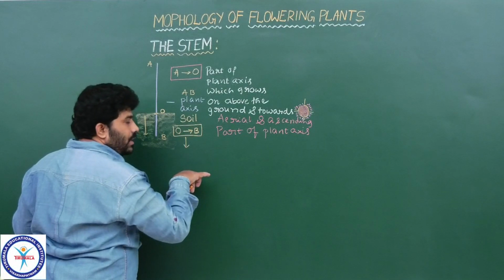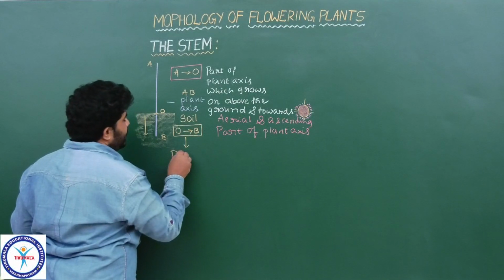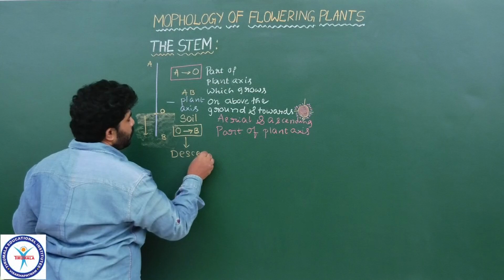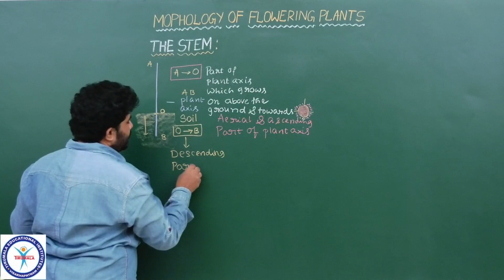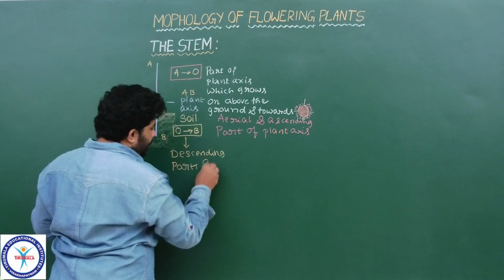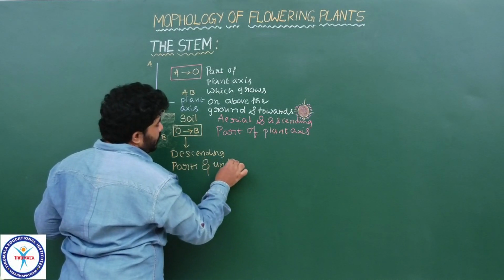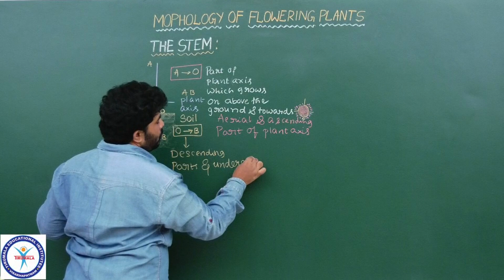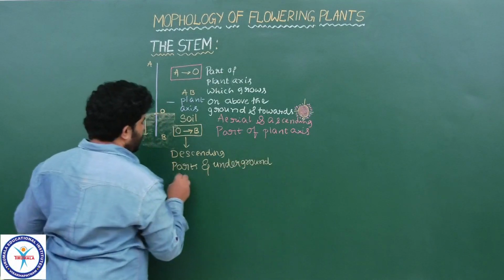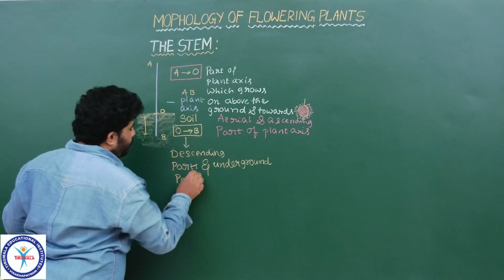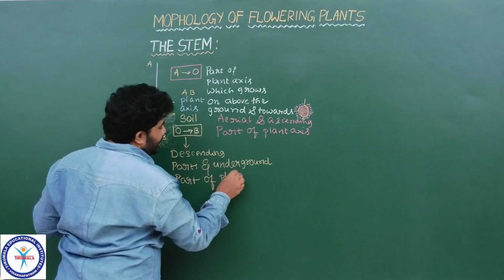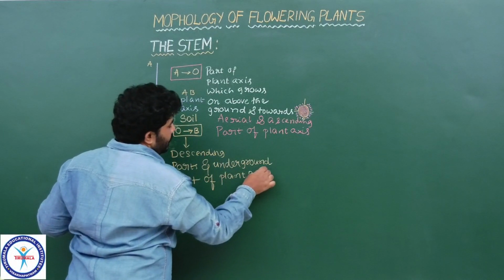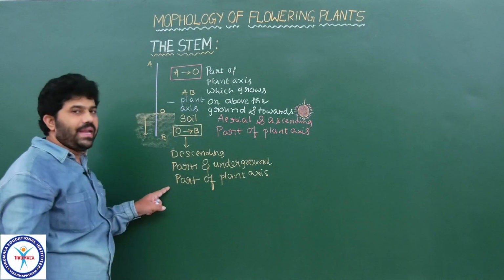Growing towards the soil, that is what is called the descending part and underground part of the plant axis.